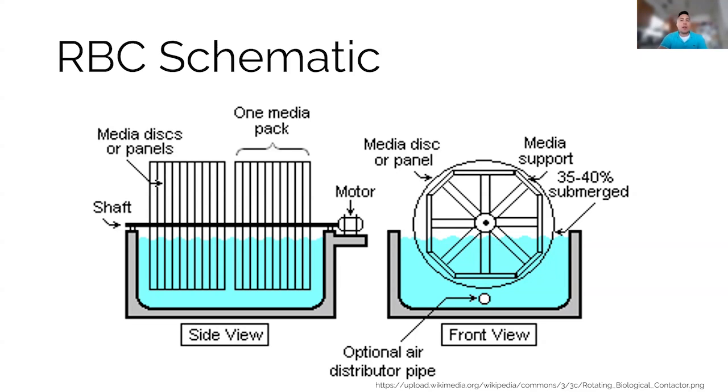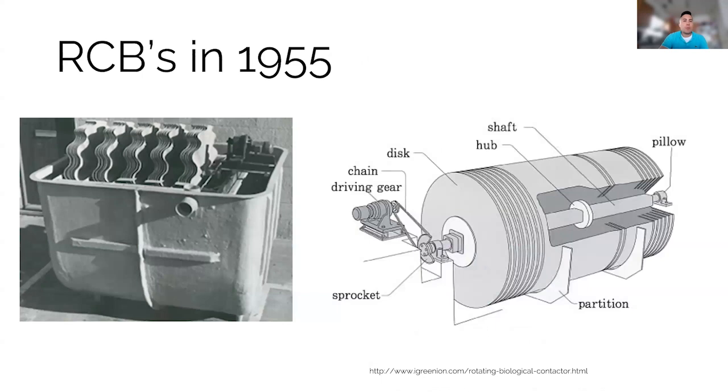Finally, there are also influent and effluent valves or channels that allow the wastewater in and treated wastewater out. Some systems will also have underdrains to remove solids that settle in the tank. The last part that is optional is for aerated RBCs, there's a distribution pipe that allows the introduction of mechanically created dissolved oxygen.